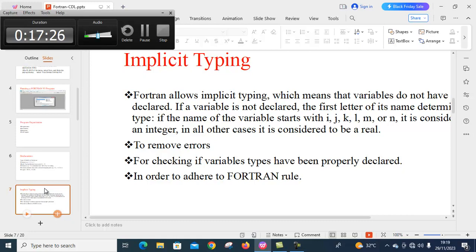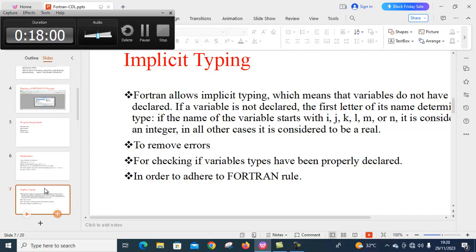You may be wondering, why do we need implicit typing? One, to remove errors. Everybody wants a program that will be free from errors, free from mistakes.